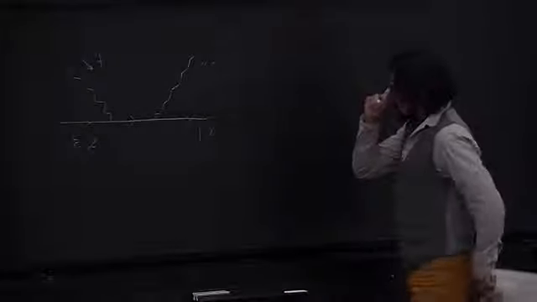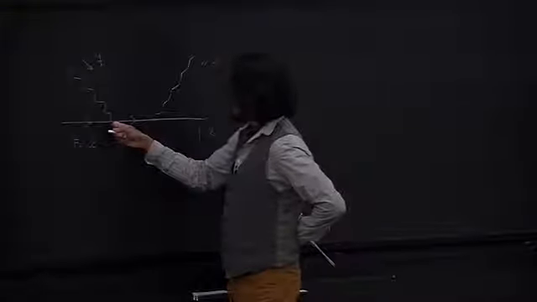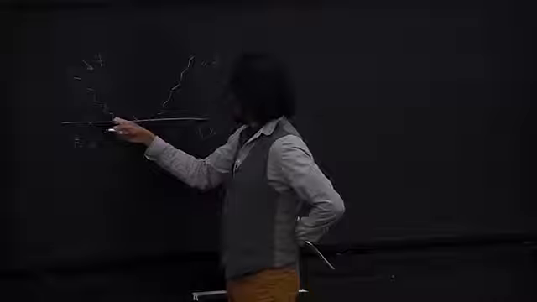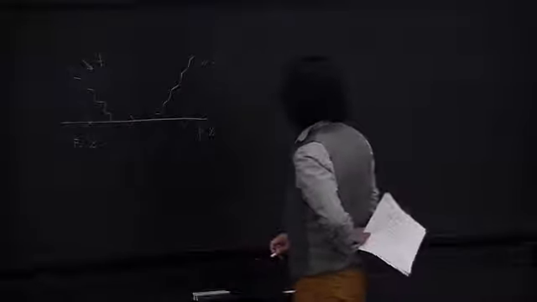And there are two diagrams at the tree level. One is, in this diagram, the photon is absorbed and then it's re-emitted.